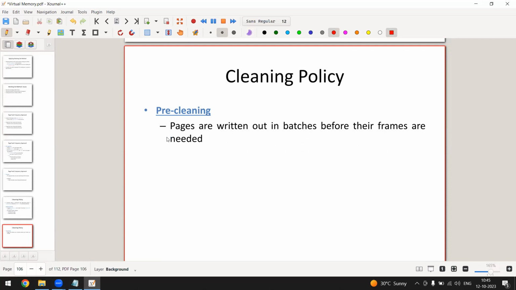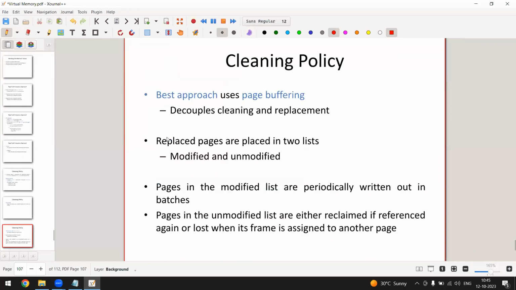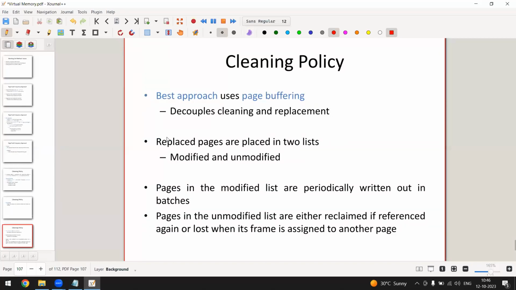In pre-cleaning, as soon as you find a page that is modified and needs to be written out to the disk, you immediately do it. Don't wait for it to be replaced. No need to wait and say, okay, when it is replaced, I will do the cleaning. So pre-cleaning is like that.